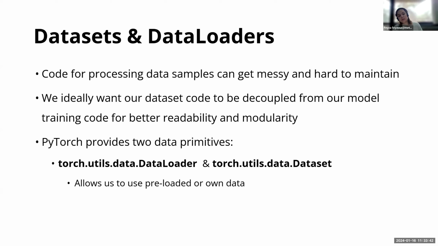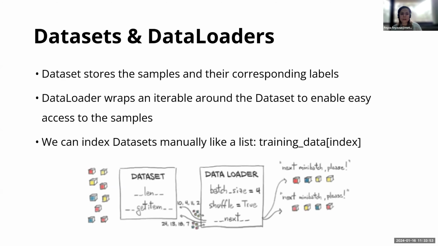So PyTorch provides two data primitives to achieve all this, which are DataLoader and Dataset, and they allow us to use preloaded or our own data. Dataset stores the samples and their corresponding labels, and DataLoader wraps an iterable around the dataset to enable easy access to the samples.